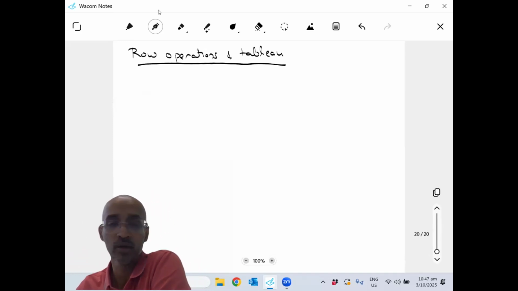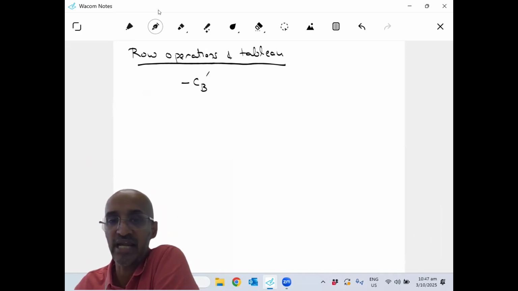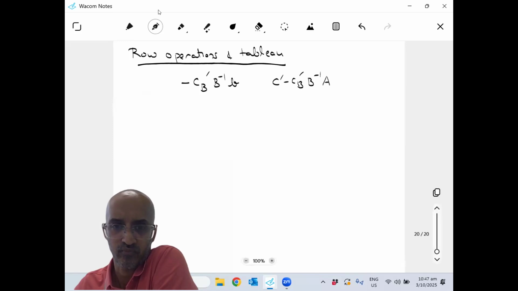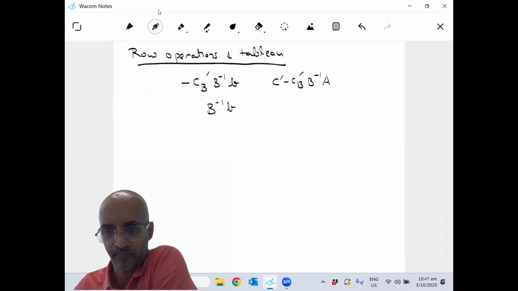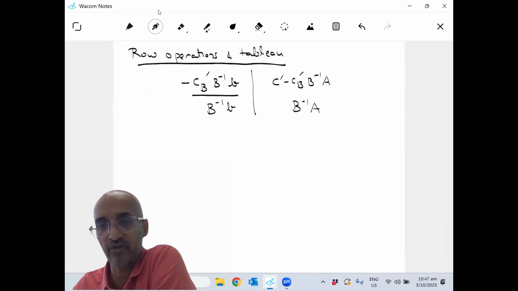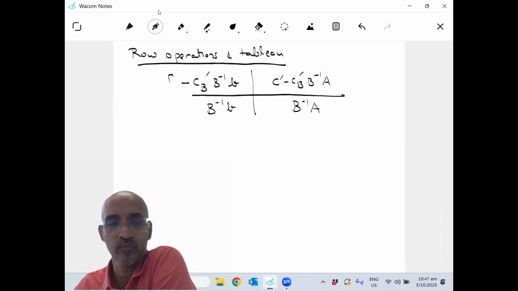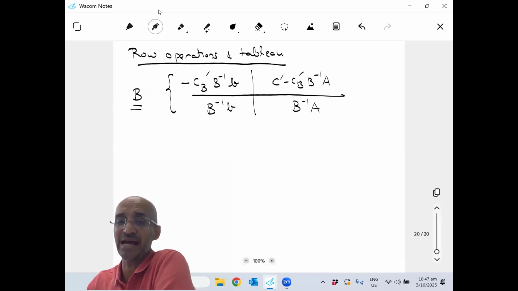Just remember, my Tableau is of this type. At any step, at a current basic feasible solution with the basis matrix B, this is my tableau.